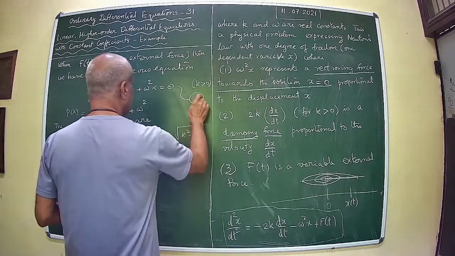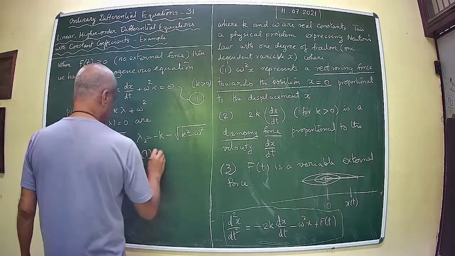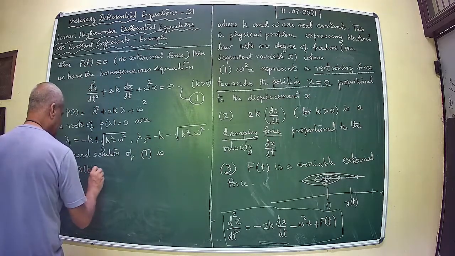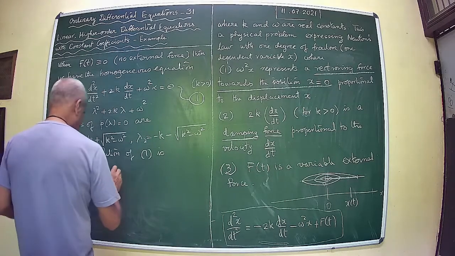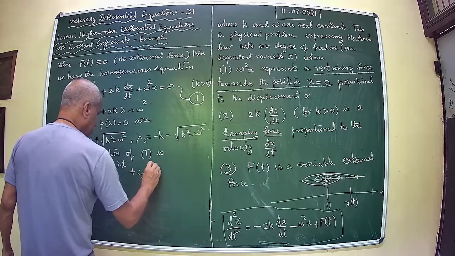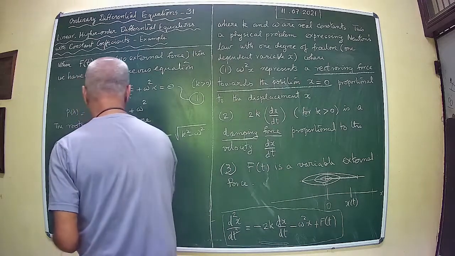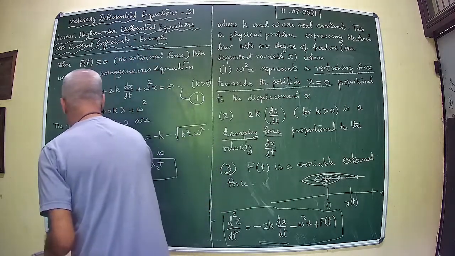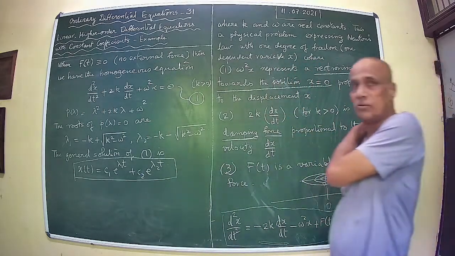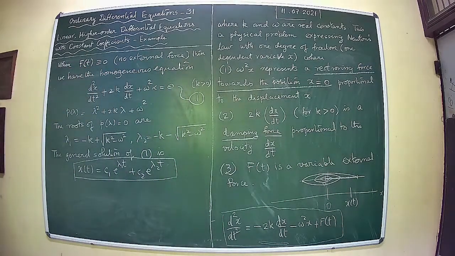It's a homogeneous problem that we are looking at. x(t) equal to C1 e to the power lambda 1 t plus C2 e to the power lambda 2 t. This is the general solution. So the problem essentially boils down to writing down the roots of the equation P(lambda) equal to 0. Then you can immediately write down the solution.